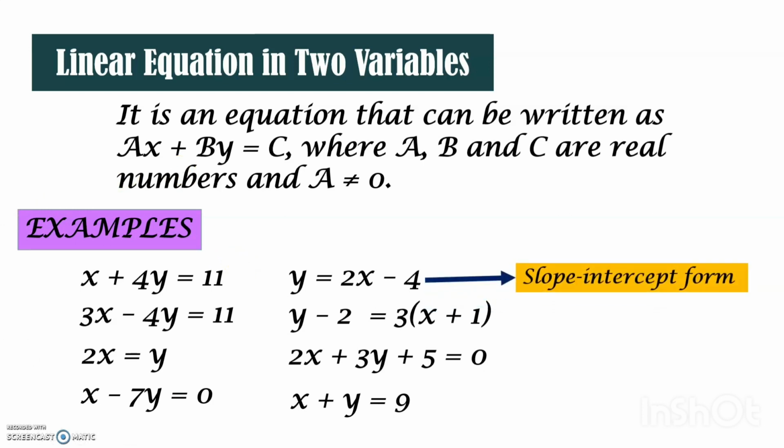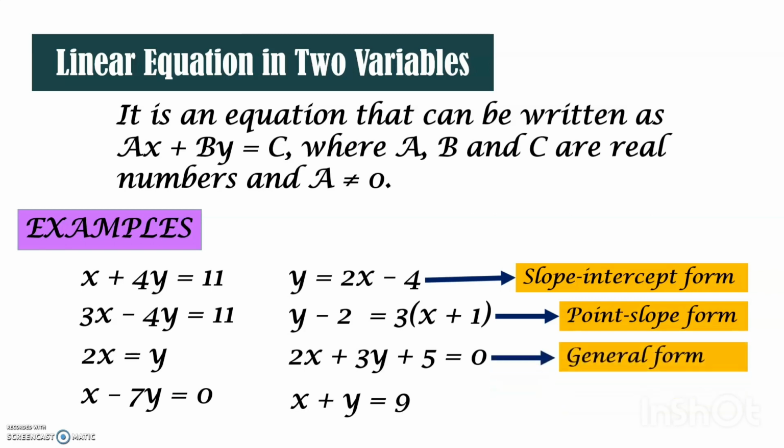For y minus 2 is equal to 3 multiplied by the quantity x plus 1, it is written in point-slope form. 2x plus 3y plus 5 is equal to 0 is written in general form, while x plus y is equal to 9 is written in standard form. So there are different kinds of forms wherein you can write linear equations in two variables.